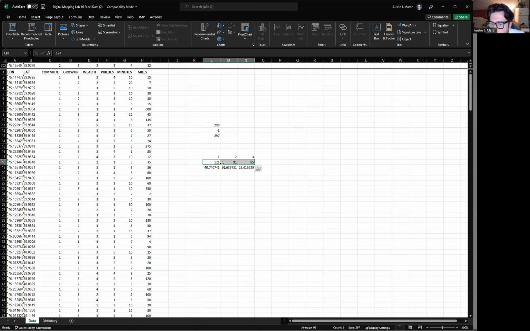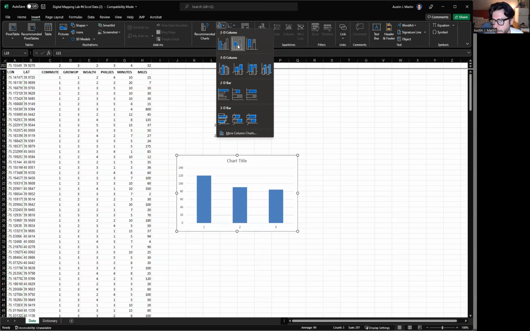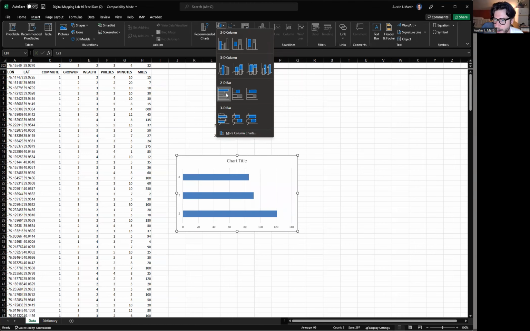Anyway, let's go to histograms. Right here, this little icon, these bars. A histogram is essentially one of those graphs that include bars that are next to each other. You click on this, and you can play around with what you want to select. You can do fancy things, 3D columns.